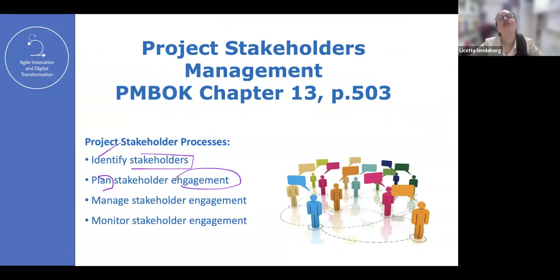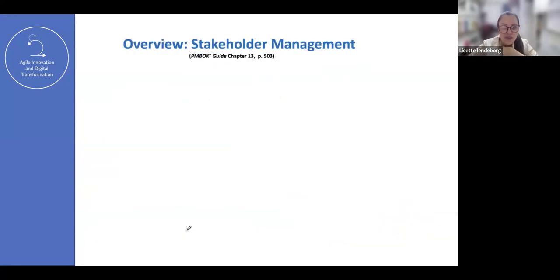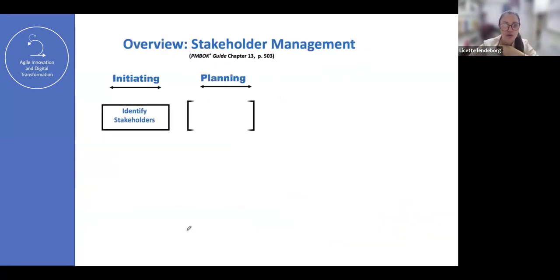Believe me, you are going to need the engagement with a lot of people. So it's not only you. Okay, is that clear? So that's why you need to plan how to engage the people, because these are the people, stakeholders. You need to manage the stakeholder engagement, and then you need to watch, control, and monitor the stakeholder engagement. So having said that, for the exam, you will see those processes.